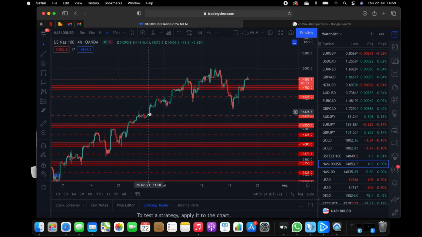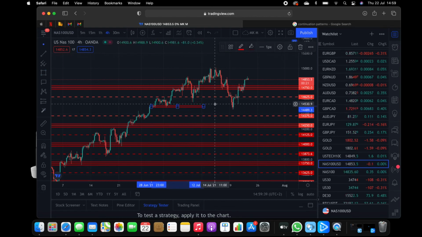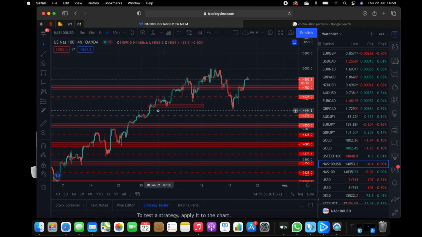So the market pushed up here, as you can see. From here it pushed up till there. You can draw your zone here. This is on 4 hours, remember guys. Draw it like that, and include the body of the candle.